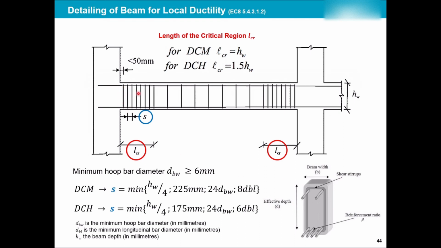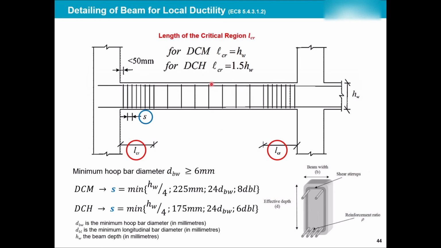The spacing of these is very important. As you can see, as they get closer to the column, the spacing reduces. For high class ductility or medium class ductility, there are different spacings. For sure, the high class has lower spacings, and it also defines a critical length where this spacing should happen.